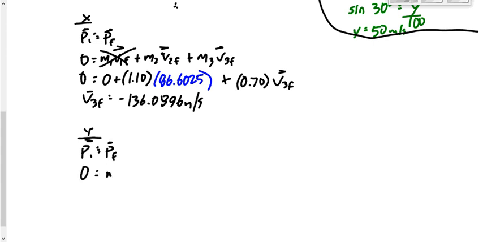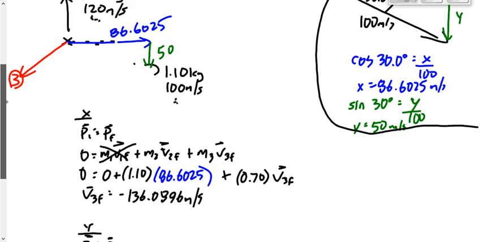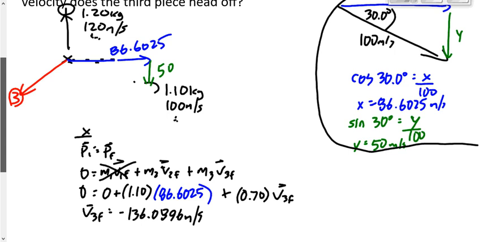Zero initial momentum, m1 v1f plus m2 v2f plus m3 v3f. 1.2 times, how much of that 120 is y component? How much of that 120 is up or down? Yes, good. 120.